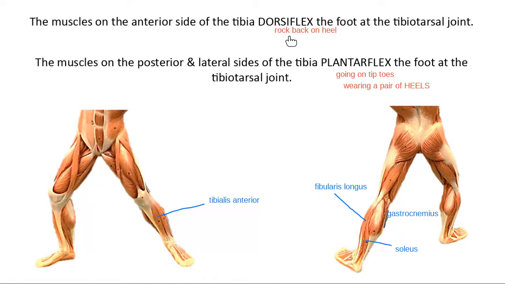So the actions we're learning this week: flexing and extending the femur at the hip joint. So basically moving your hip. We're learning abducting and adducting the femur. We're also learning flexion and extension at the knee joint. And then we're learning dorsiflexion and plantar flexion at the ankle joint.